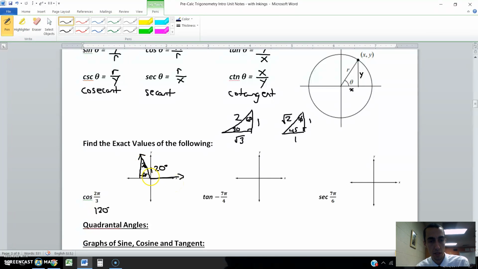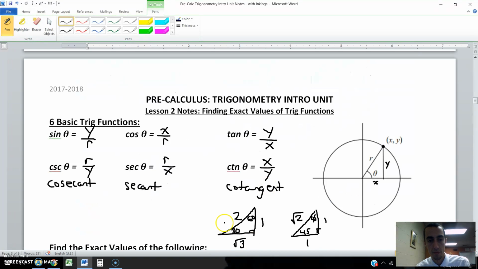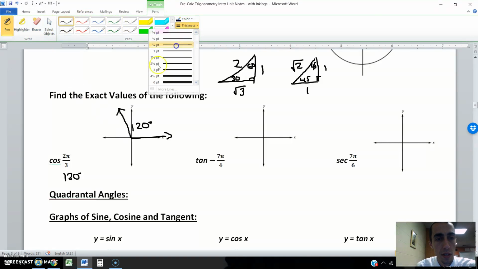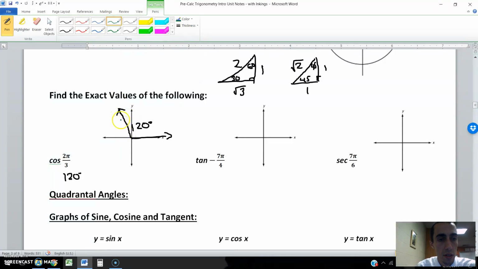Let me try to zoom in on this a little bit for you. That one's a little sloppy, so why not erase it and do a little better one? So this would be 60 degrees in here.